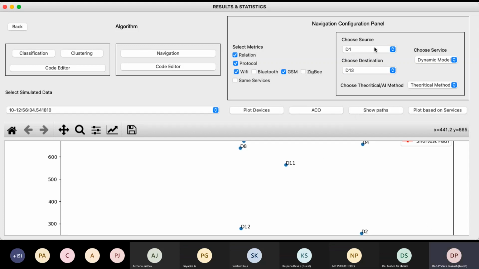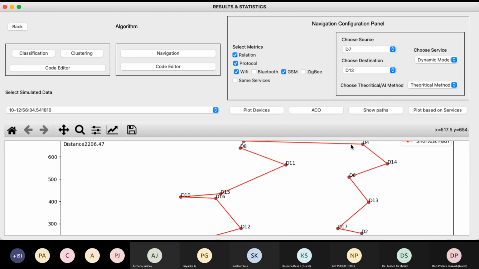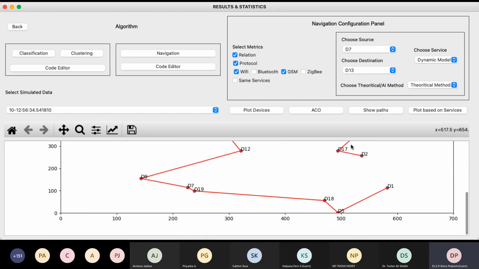So you can change this source and the destination. Now we'll go back to this.